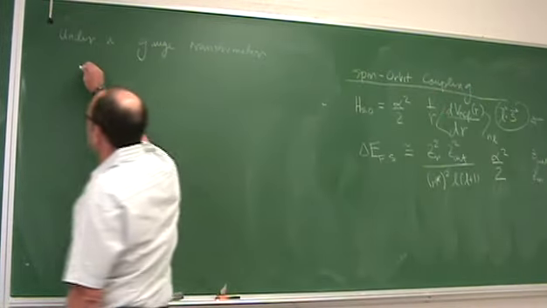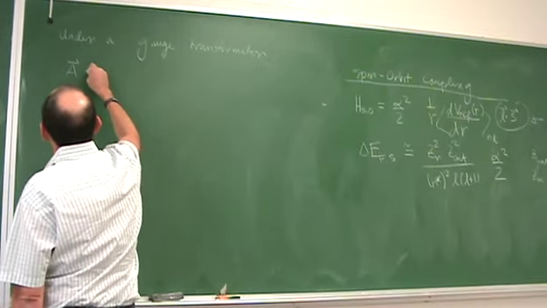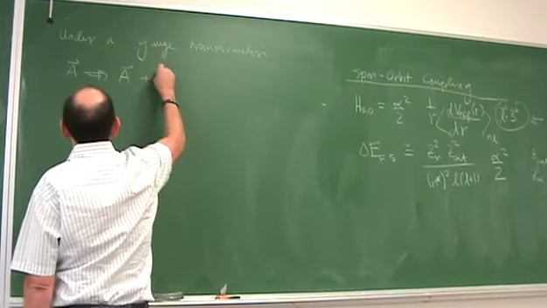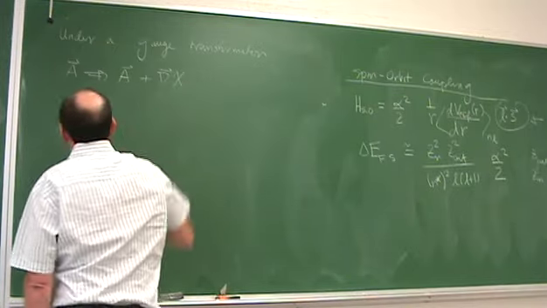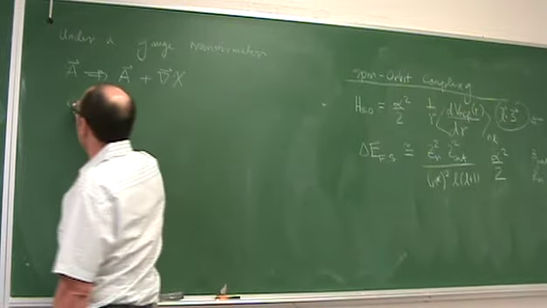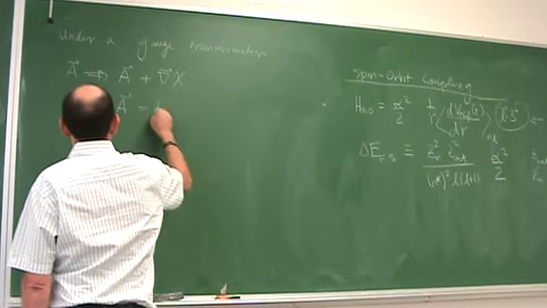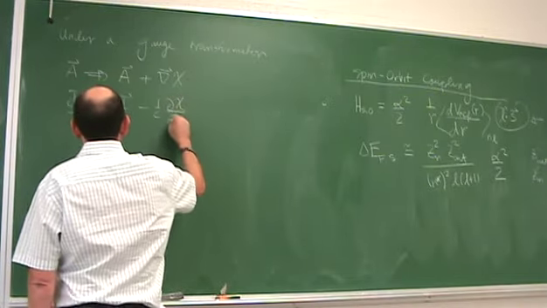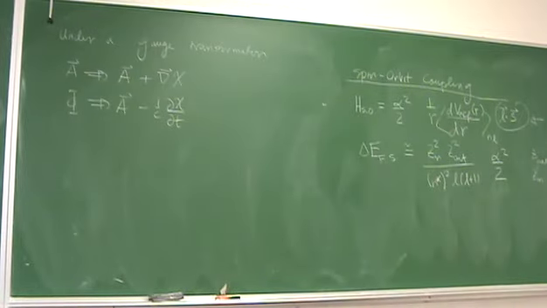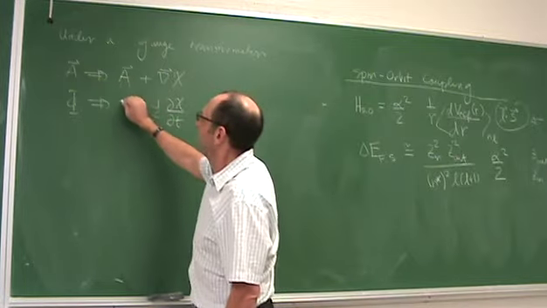Under a gauge transformation, I have a gauge function, and I can change my definition of the vector potential and my definition of the scalar potential. Notice in CGS units, A and phi have the same units.